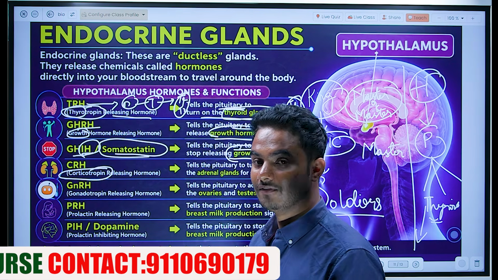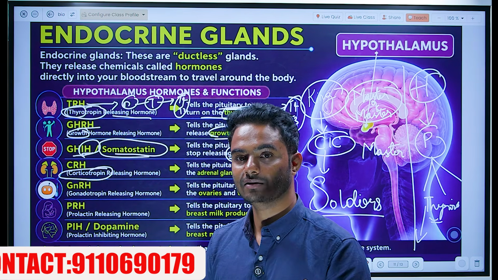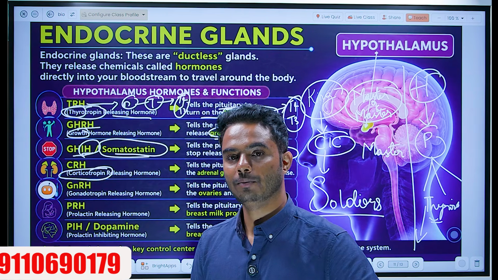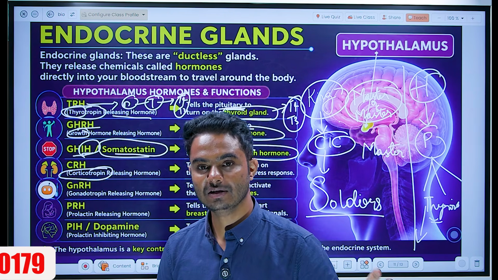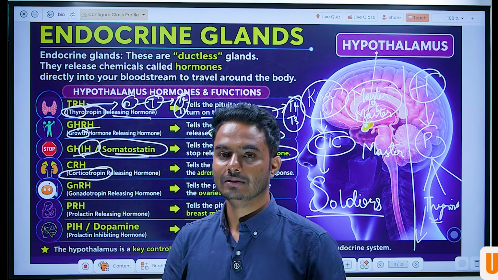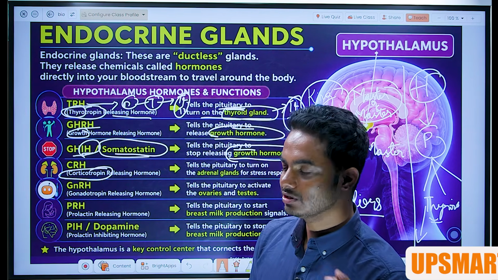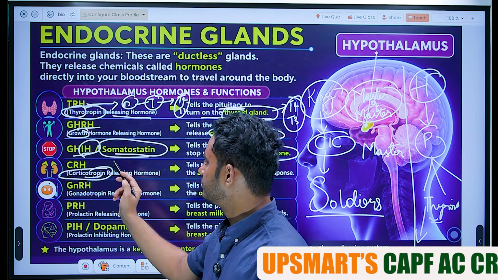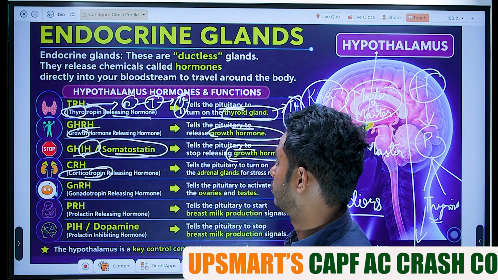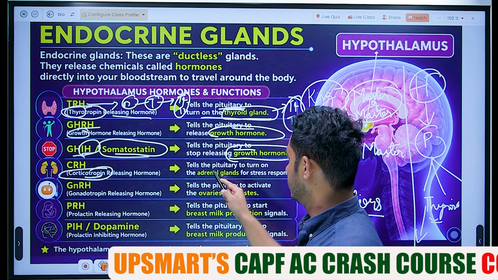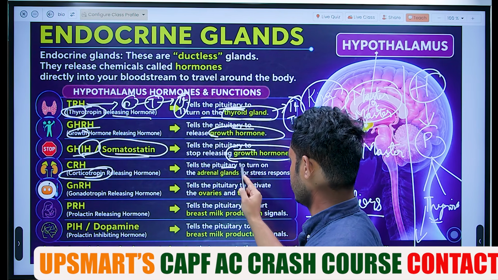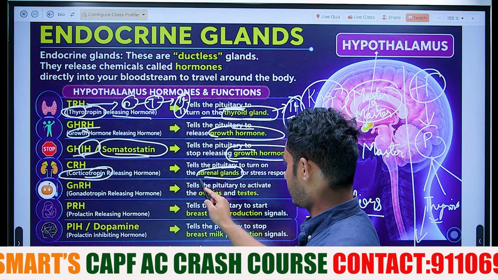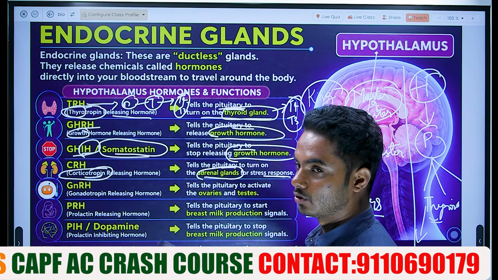That adrenal gland will take the stress and act as the environment requires. It will make our body adapted. That determines the reaction to the stress. That is controlled by corticotropin releasing hormone, CRH, which tells the pituitary to activate the adrenal glands for stress response.